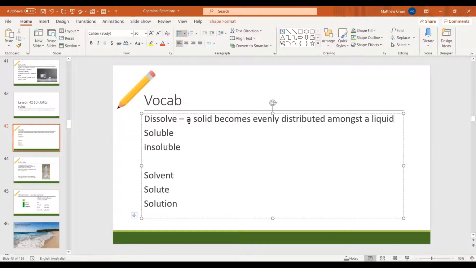Now, to be honest with you, that's not 100% true. You can dissolve a gas into a liquid. Otherwise, how would we ever get soft drink? So you could write a solid or gas. You can't really dissolve a liquid into a liquid because then you would just be mixing the liquids.